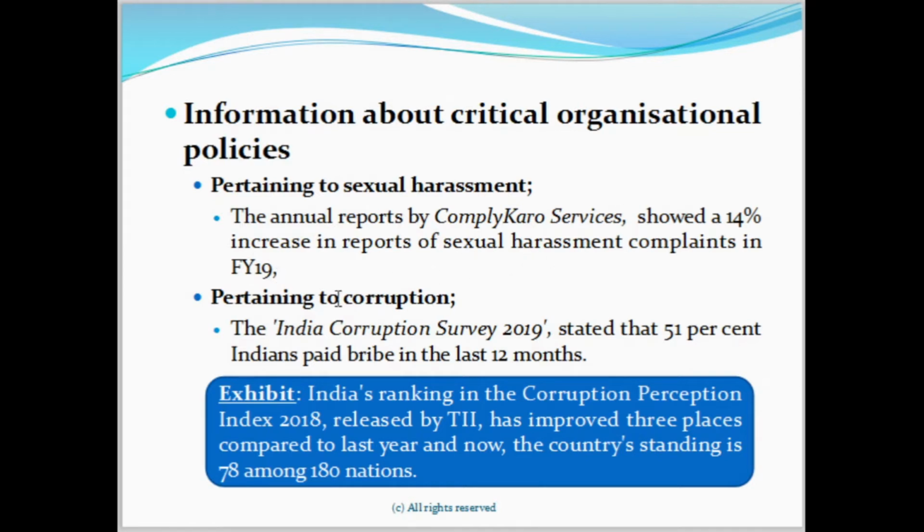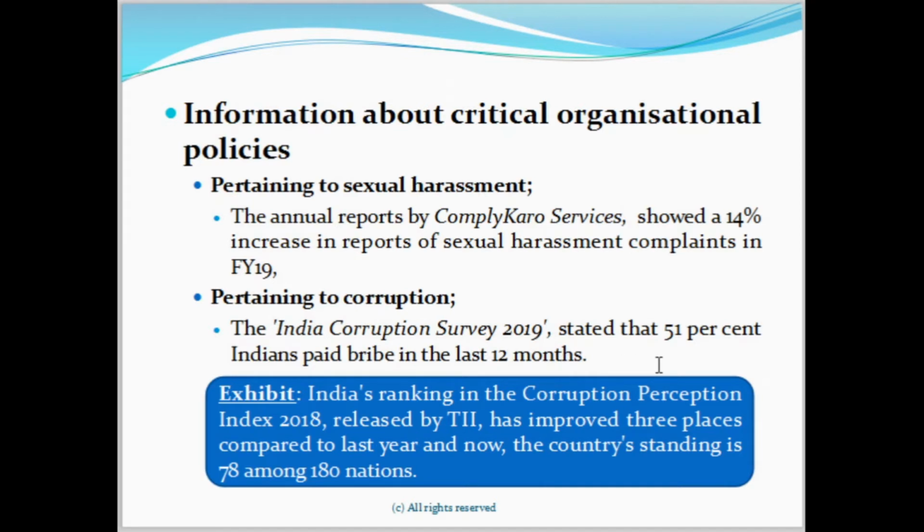Similarly, the information pertaining to corruption. As we have observed in the Indian Corruption Survey 2019, which is based on 1,90,000 responses from people in 248 districts, 51% of Indians paid a bribe in the last 12 months. That's also a very bad figure.